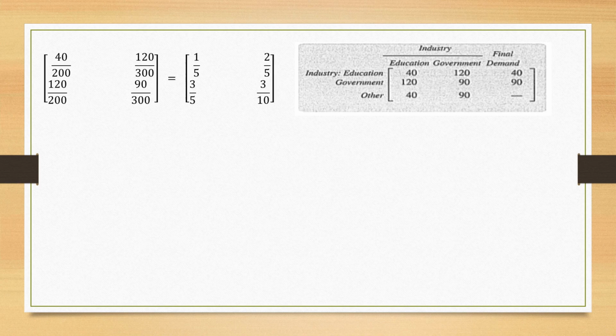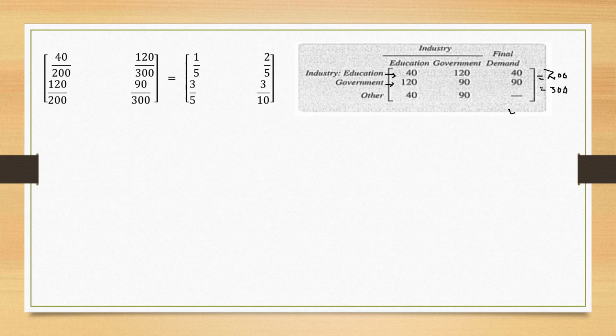Let's select our pen. This equation is given. When we add the first row, r1, and the second row, r2, the sums are 200 and 300.